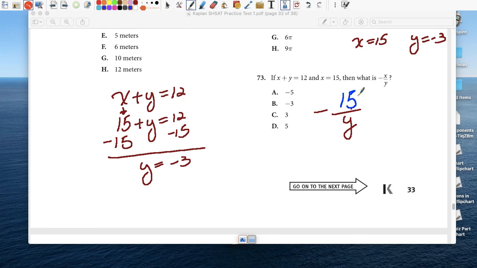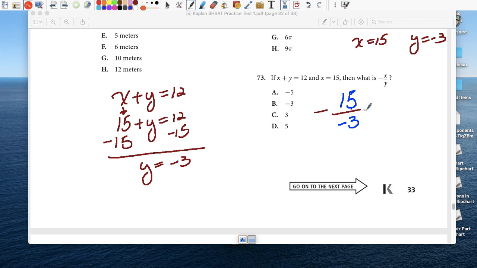Take x out and you plug it in with whatever value is given to you. Now, same thing for y. I'm going to take y out and replace it with the value that's given. And y, in this case, is negative 3. Exactly as it is. That's what it should look like with a substitution.